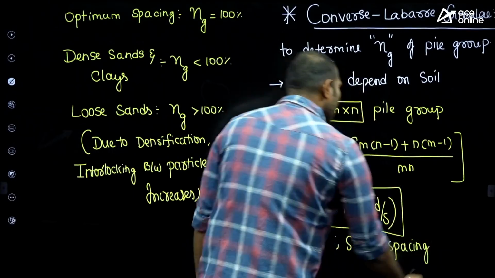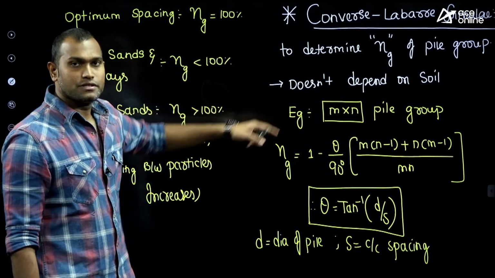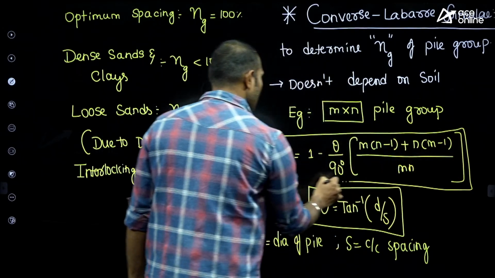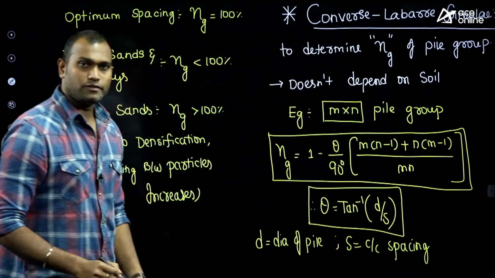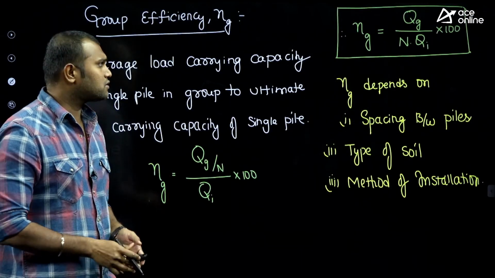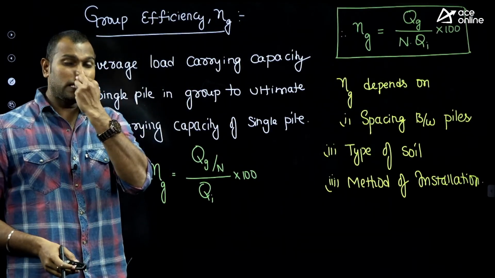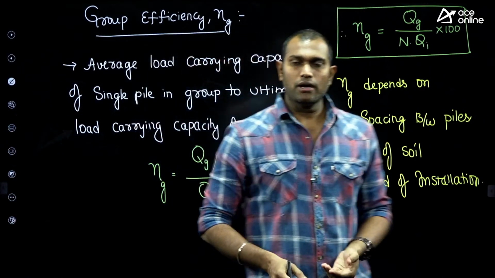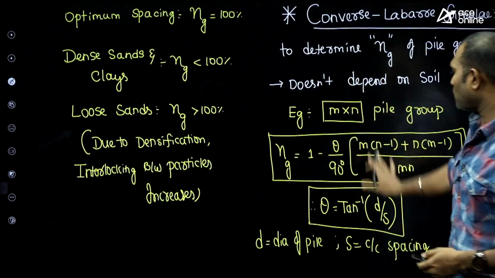So from here I can find out the group efficiency. Once I know the group efficiency, I can use this formula also to determine the ultimate load carrying capacity of the group. In GATE 2022, again they asked a question based on the same concept.